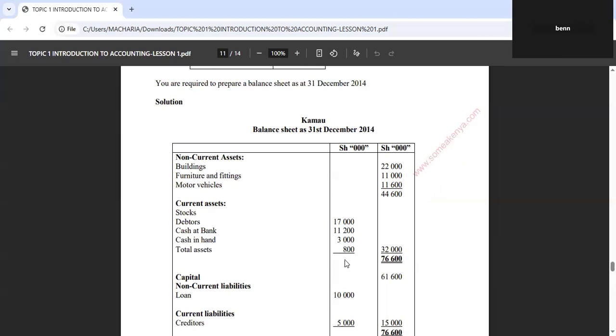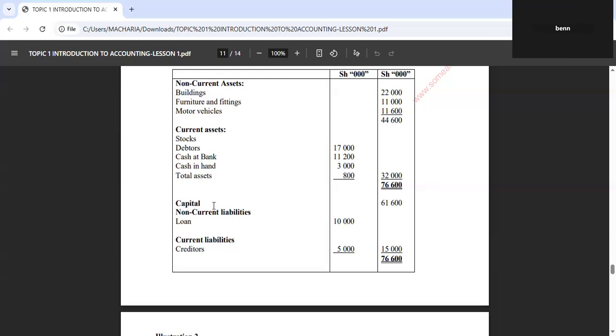Current assets are this, 1, 2, 3, 4, that's 2,000. So the total assets is 76,000. And then here we have capital, bank loan, and creditors, 76,000. The accounting equation balances. I hope you are now able to make corrections. The total assets were supposed to be 76,000, not 146.